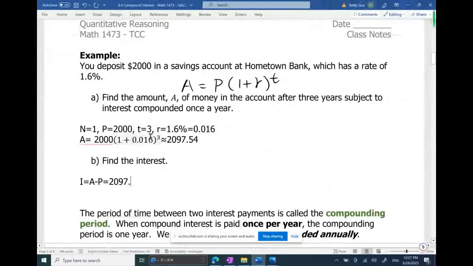So we were here. The answer we rounded to the nearest cent is $2,097.54. And the interest is the difference between the accumulated balance and the original principal, $2,000.